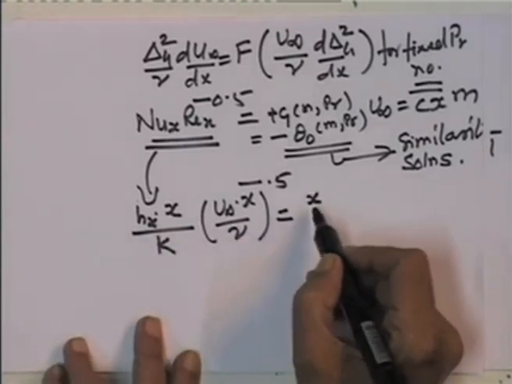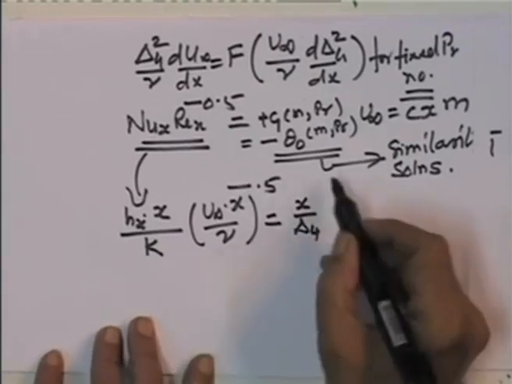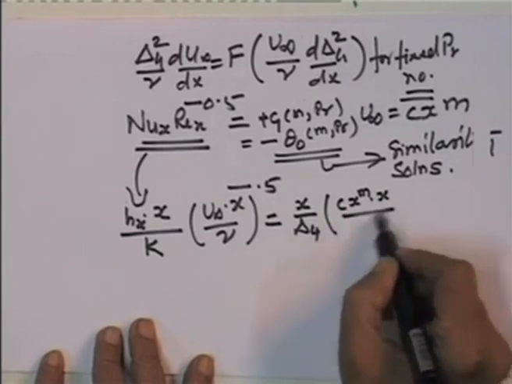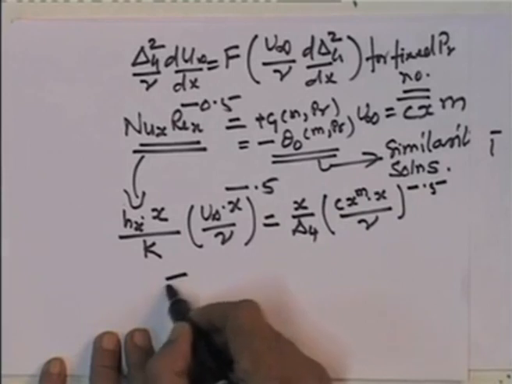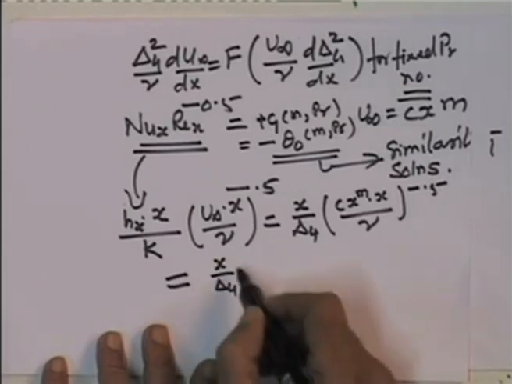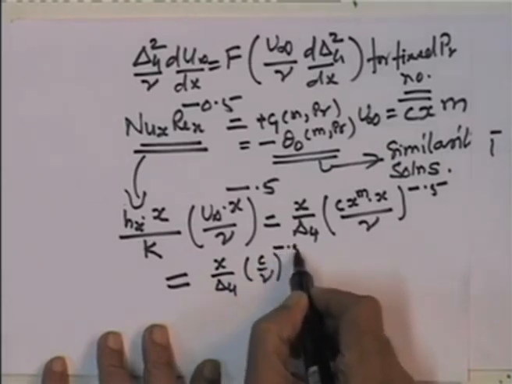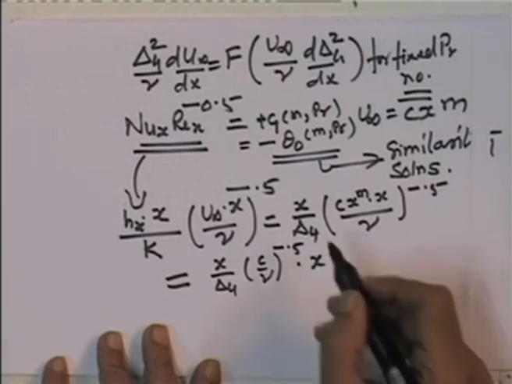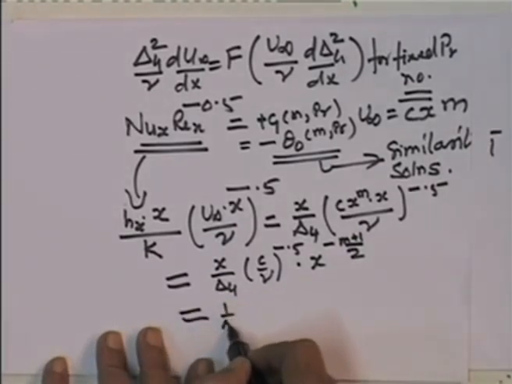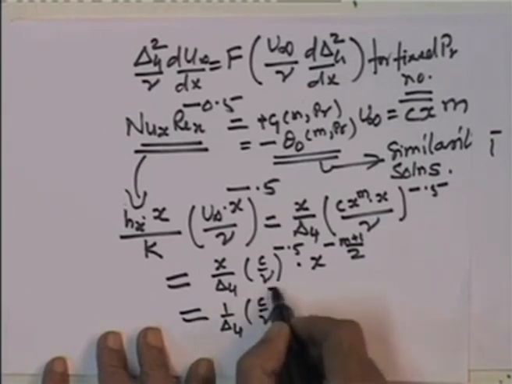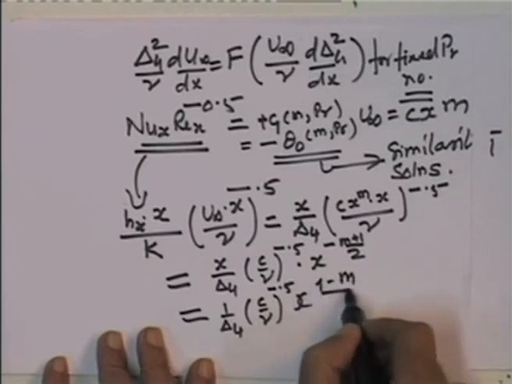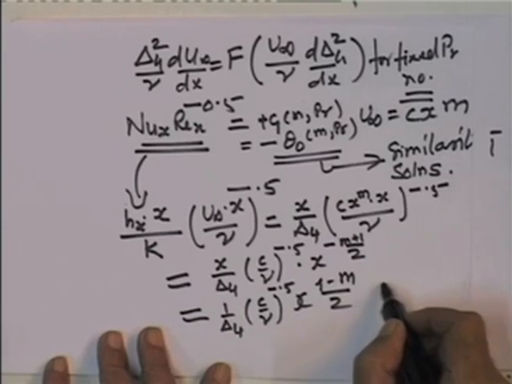So, this can be written as x divided by delta 4 into C x raised to m into x divided by nu raised to minus 0.5, which I can also write as x by delta 4 into C by nu raised to minus 0.5 into x raised to (m plus 1) by 2 minus 1, which will equal 1 over delta 4 into C by nu raised to minus 0.5 into x raised to (1 minus m) by 2, and all this is equal to C 1.